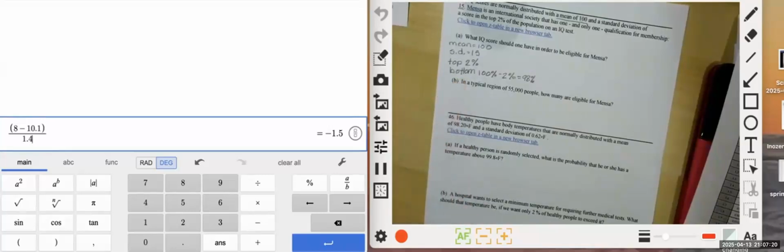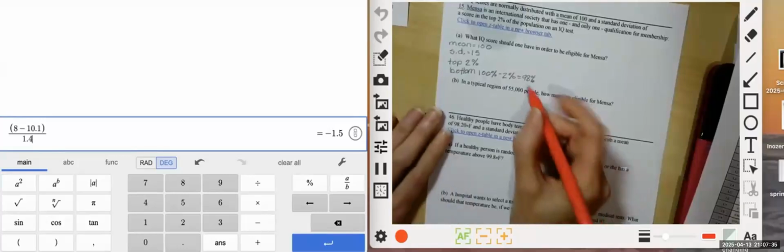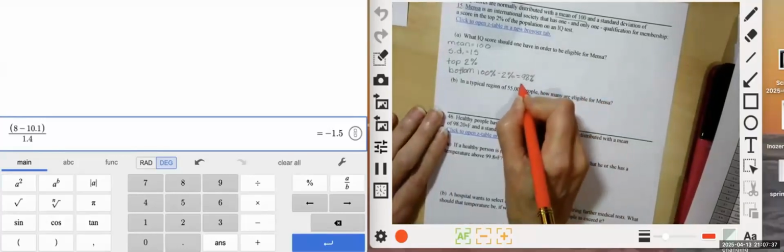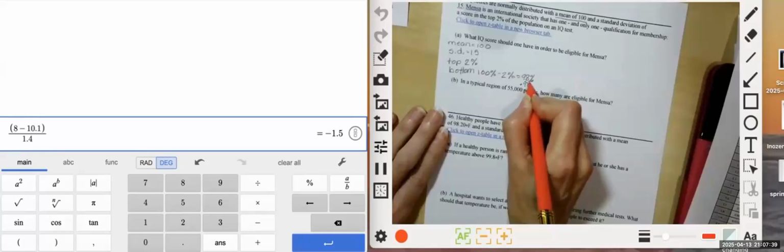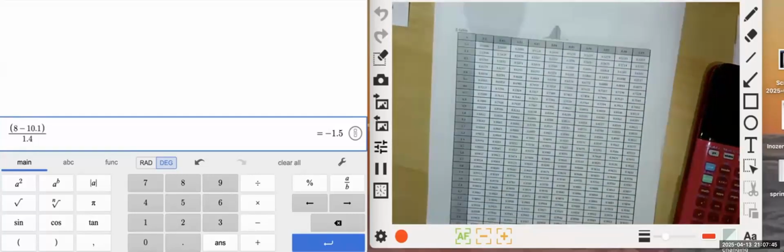What do I do from here? I think you take the 98 and make it a decimal and then look for it on our table. Am I looking inside the table or am I looking for 0.98 on the outside?